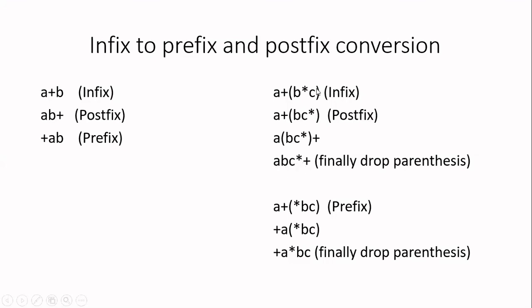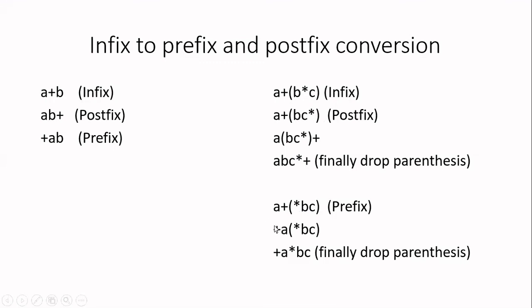If you want to convert the same expression into prefix, first you have this parenthesis, evaluate that, put the multiply before both the operands. So you will have within parenthesis multiply bc. Then we have a plus parenthesis multiply bc. There are two operands for the plus operator. So put this plus before both the operands.